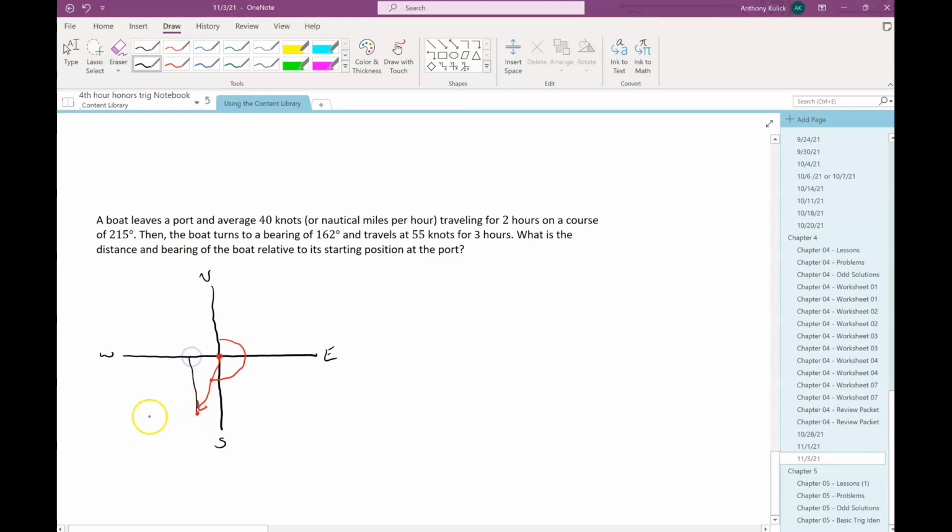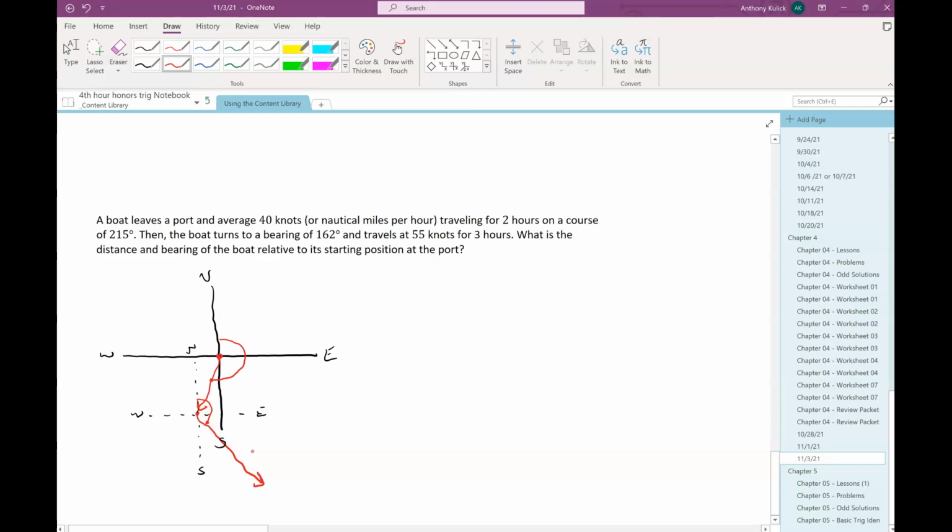We'll make another XY axis. So another one of these. And this time we're going to go 162 is our bearing. So down there.